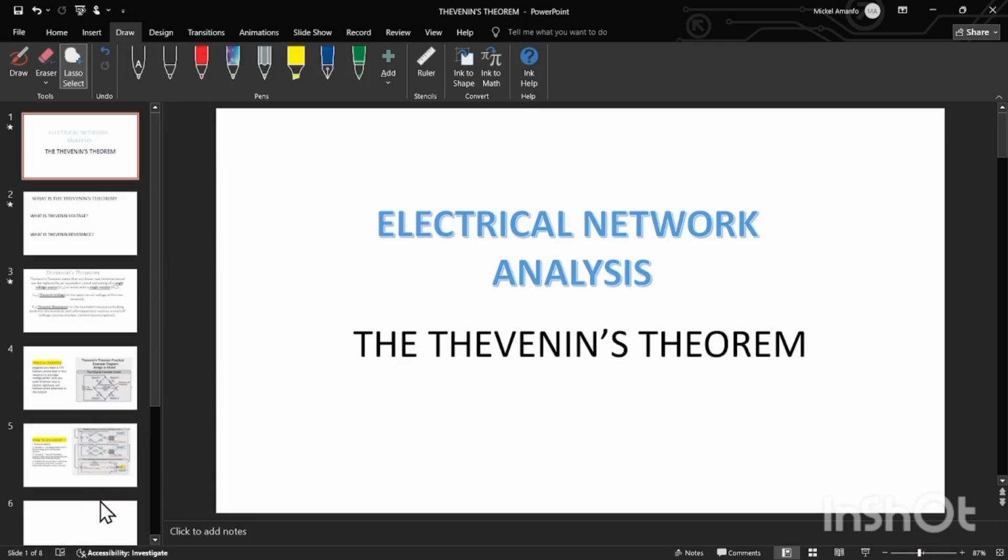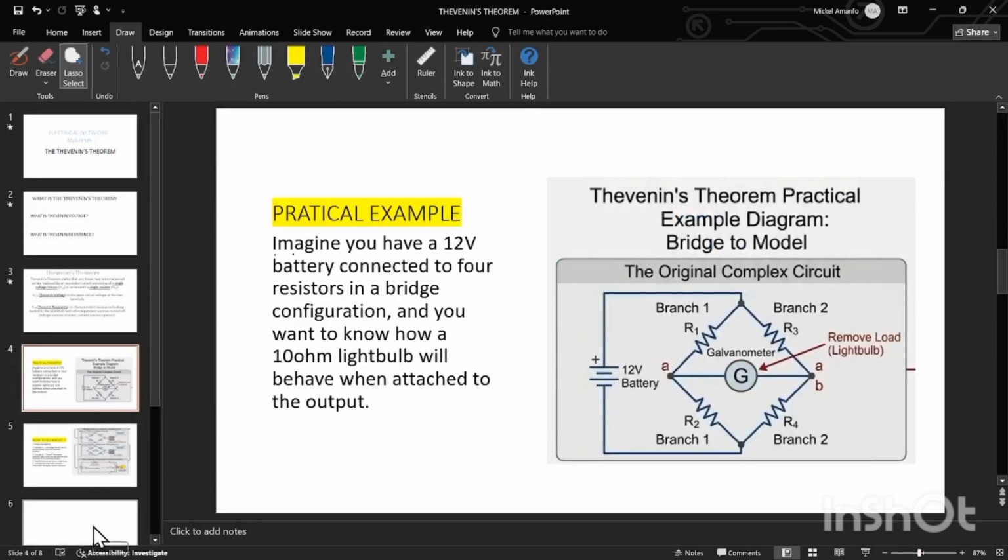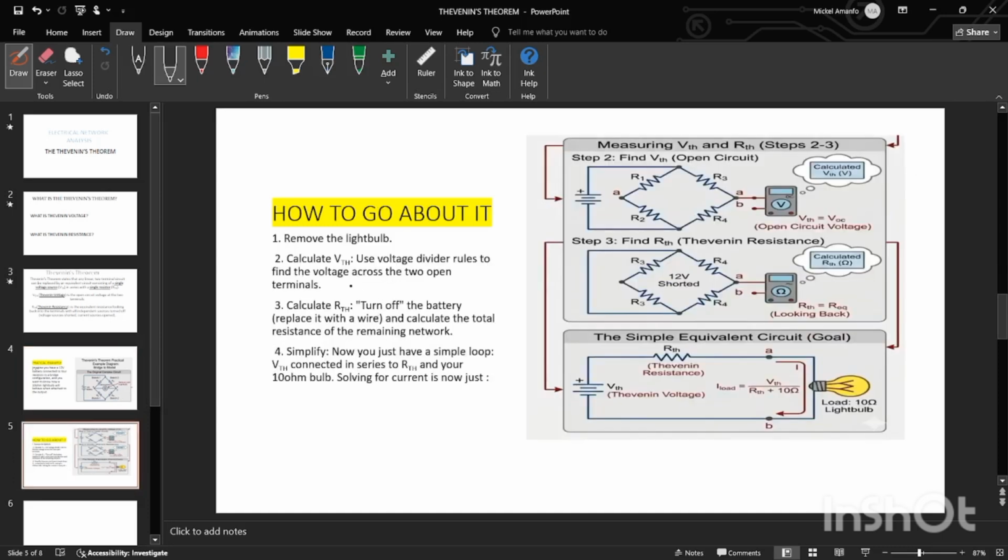Using the voltage divider rule. And secondly, we should calculate for the Thevenin voltage using the voltage divider rule.